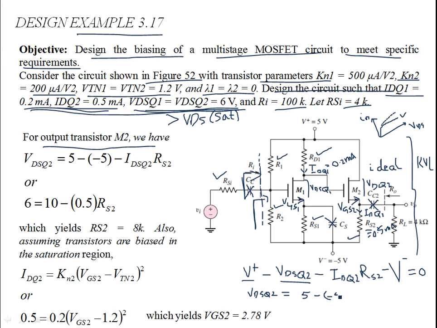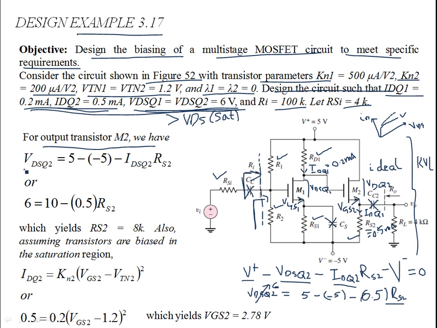The only unknown is RS2. We know IDQ2 as well. IDQ2 is given as 0.5 milliamps. So if we write this as 0.5, we are looking for the resistance in kilo ohms. So 0.5 multiplied by your RS2. We have precisely this equation, and this voltage is 6 volts. So this gives you RS2.